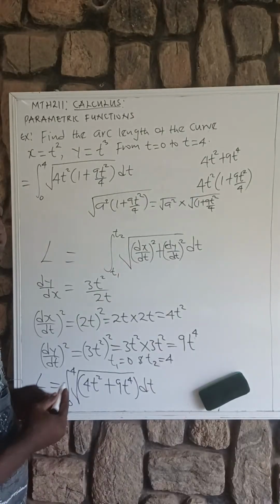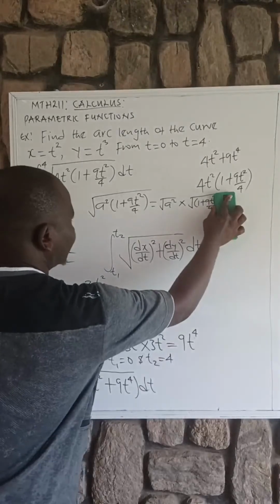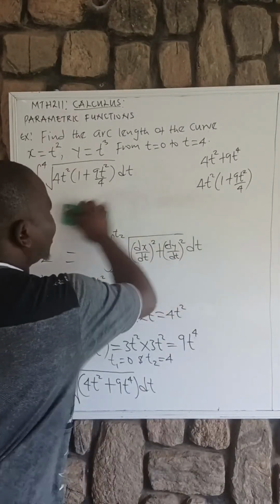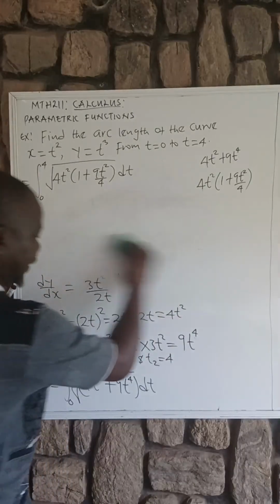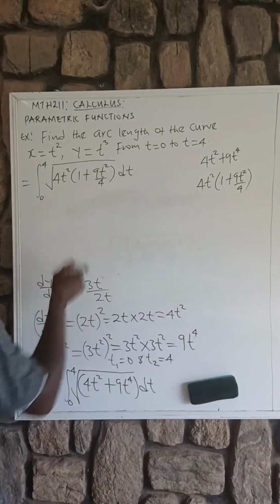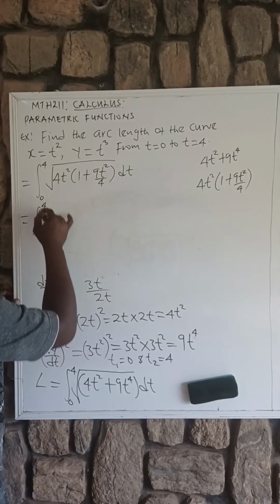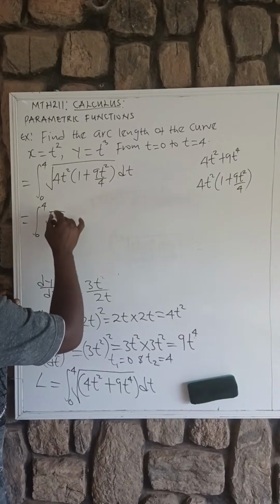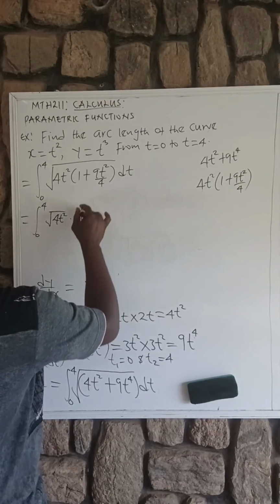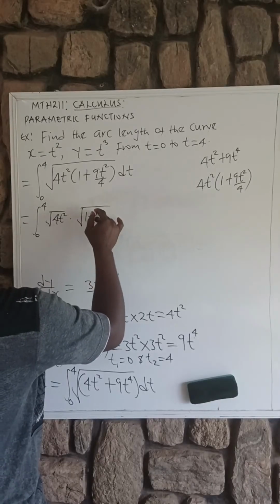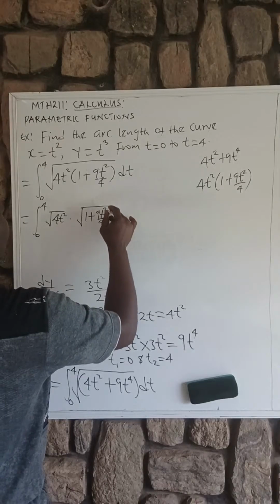True or false? If you agree with me, I'm going to break it down. This implies that this is the same thing as the integral from 0 to 4 of the square root of 4t squared times the square root of 1 plus 9t squared all over 4, right?